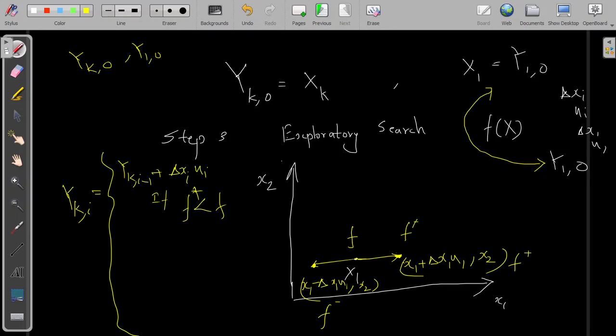So this f plus is less than f, that means this movement is minimizing the objective function.